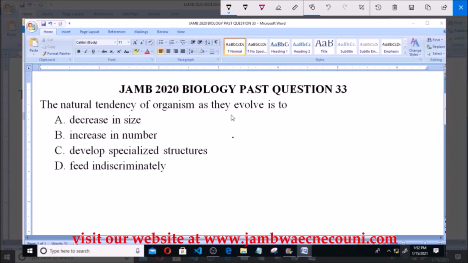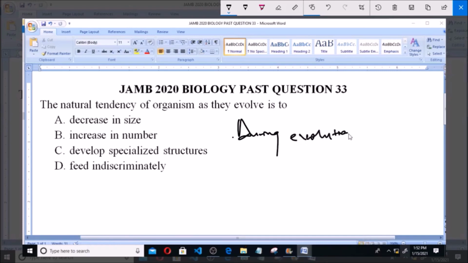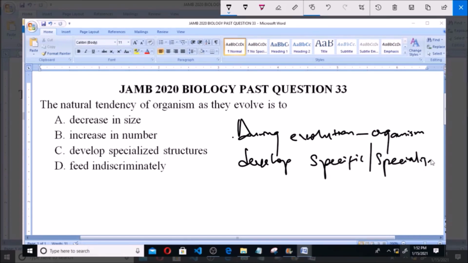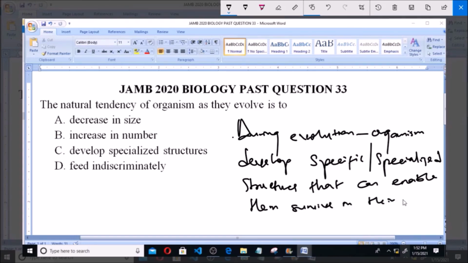Now, during evolution, it is expected that each organism that is undergoing evolution, or trying to evolve, develops specific, or we can call it specialized, structures that will enable them to survive in their respective habitats.